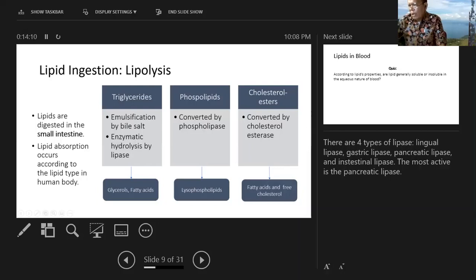For phospholipid, it will be converted by phospholipase into lysophospholipid. And the other one is cholesterol ester. This one will be converted by cholesterol esterase to fatty acid and free cholesterol.